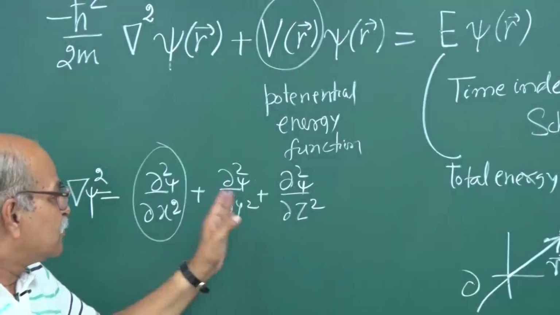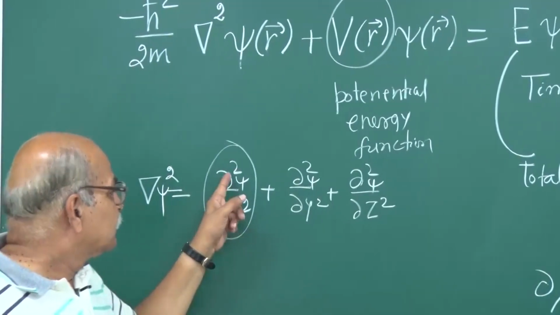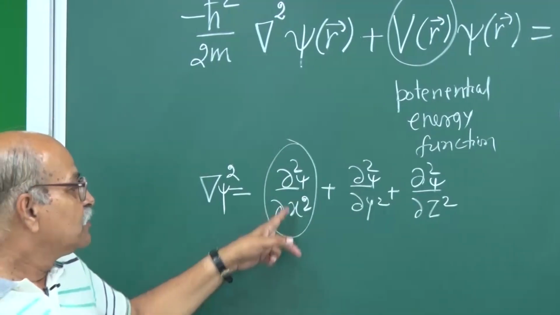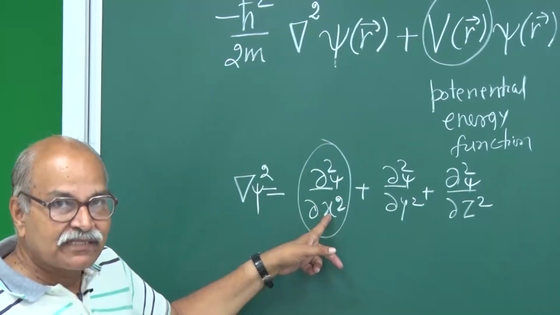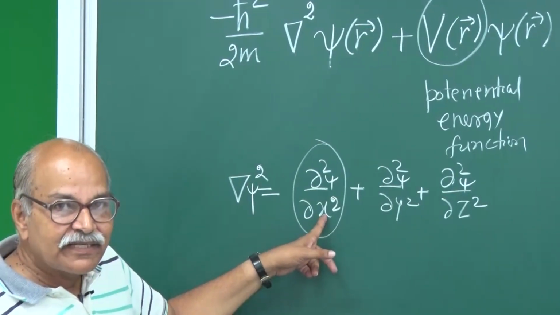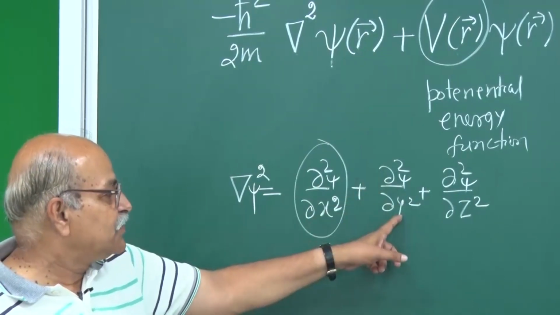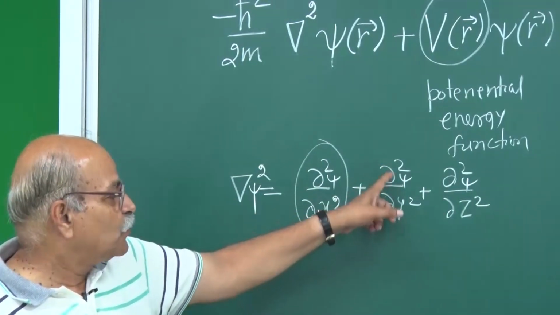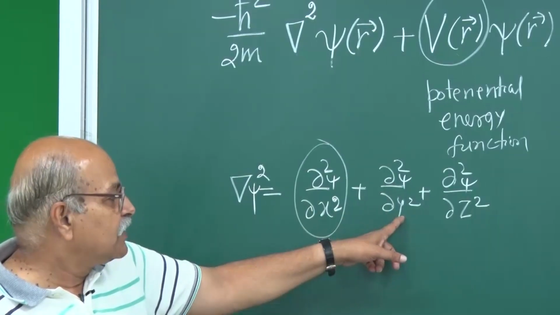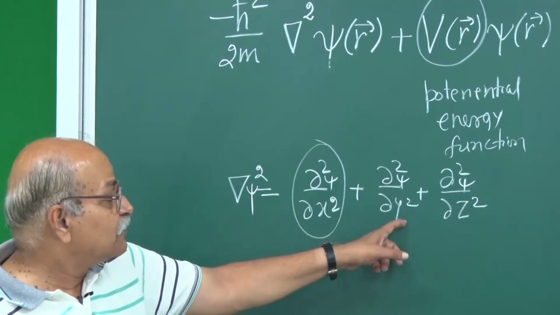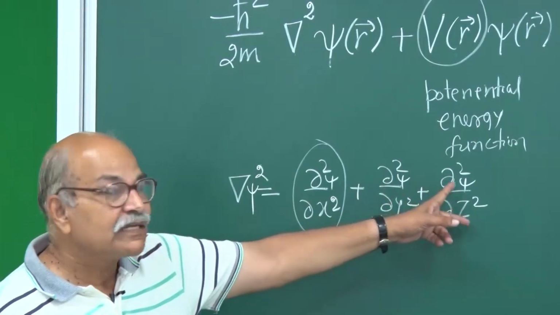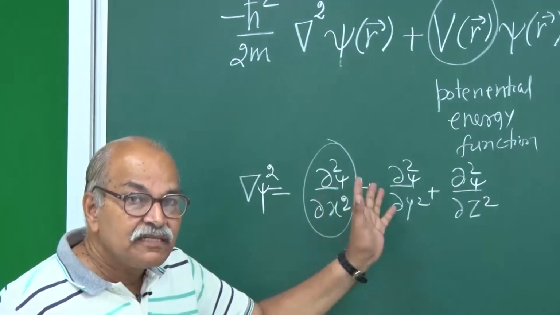If it is a function of x, y, z, this expression means that you differentiate with respect to x and treat y and z as constants. Similarly, for this differentiation, differentiate with respect to y twice and treat x and z as constants, and similarly here. They are known as partial differentiations.